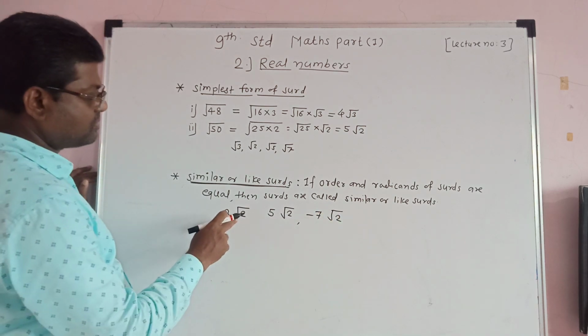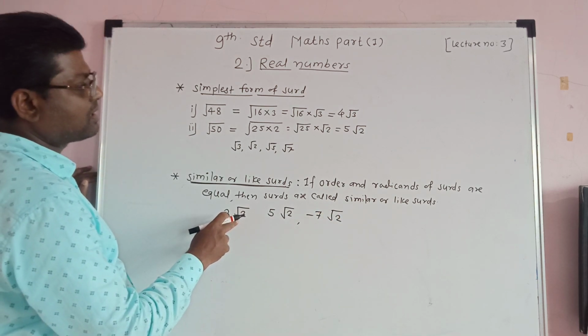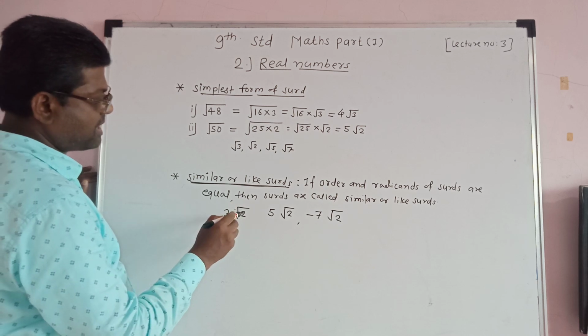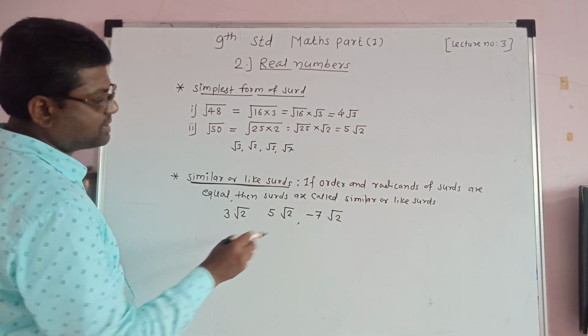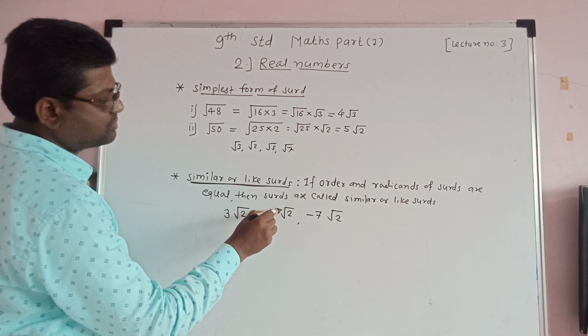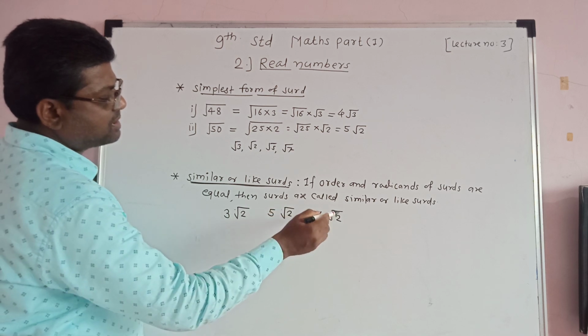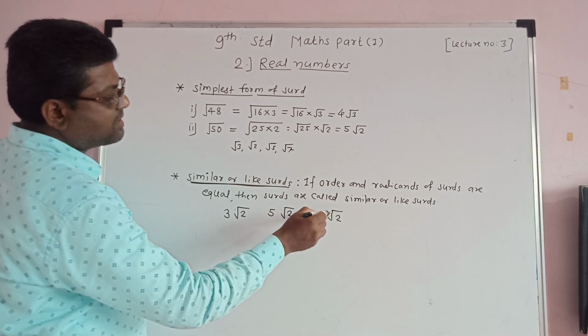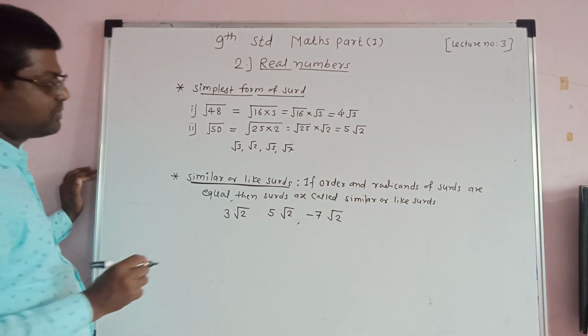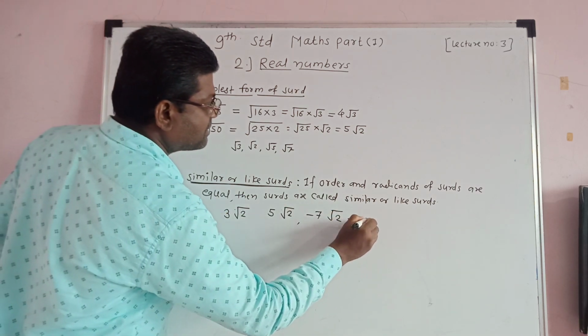Here, for root 2, the order is 2 and the radicand is 2. Here also the order is 2 and the radicand is 2. Therefore, these are like surds.